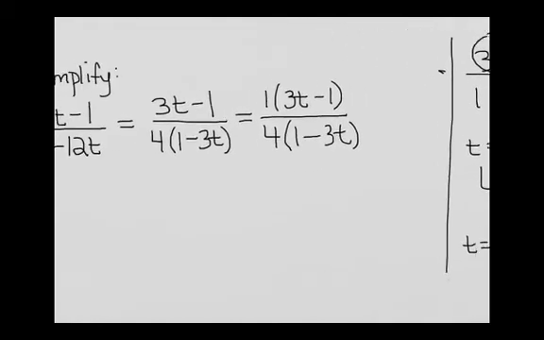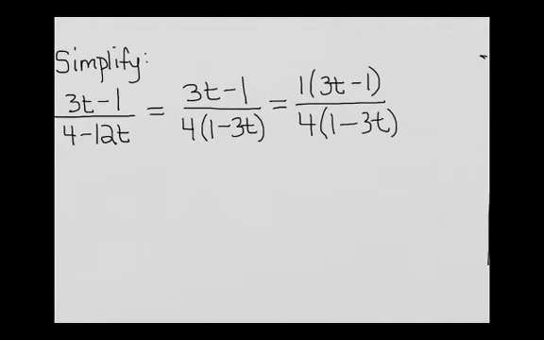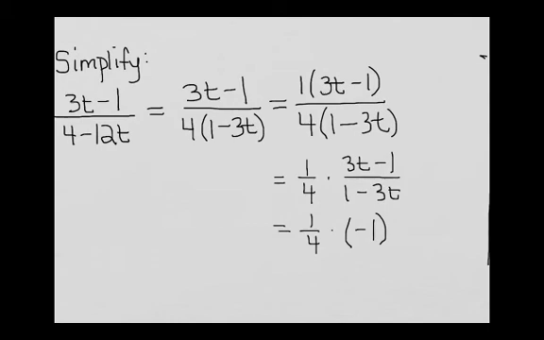So now going back to our original problem, we can write this as 1/4 times 3t minus 1 divided by 1 minus 3t, and we've already seen that no matter what value we plug in for t, this expression is going to be equal to negative 1, and that gives us negative 1/4.